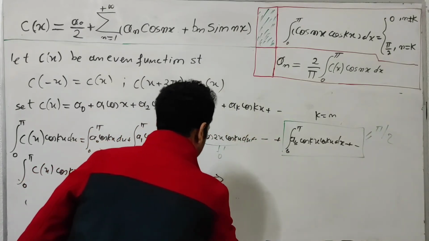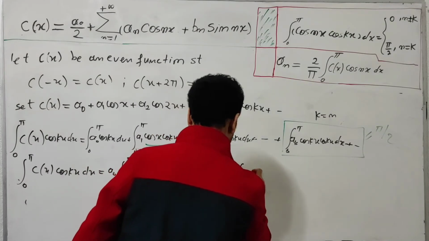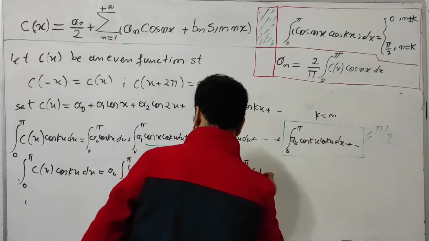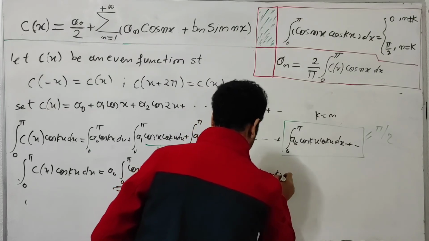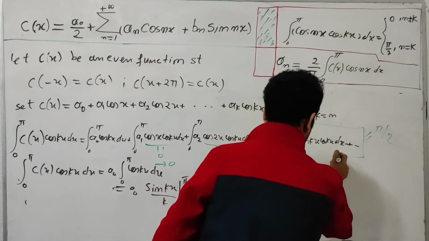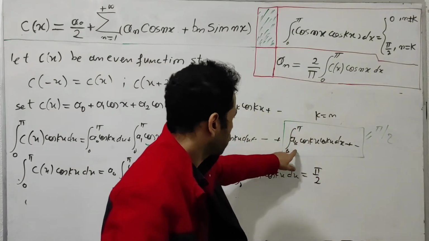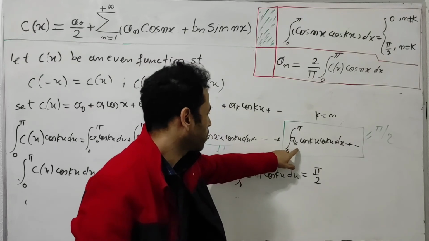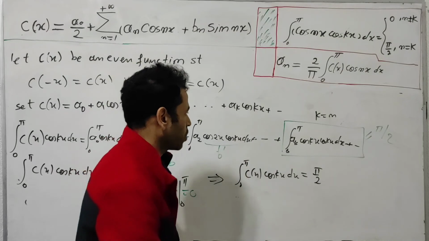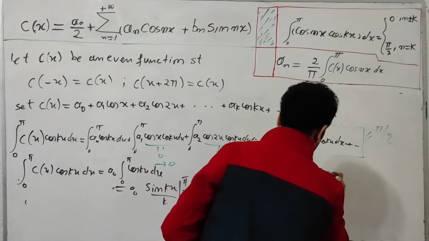So that implies our integral from 0 to pi of c of x multiplied by cosine kx dx equals pi over 2 multiplied by a sub k, because a sub k is a constant and I'm taking it out of this integral, multiplied by the value of the integral, which is pi over 2.